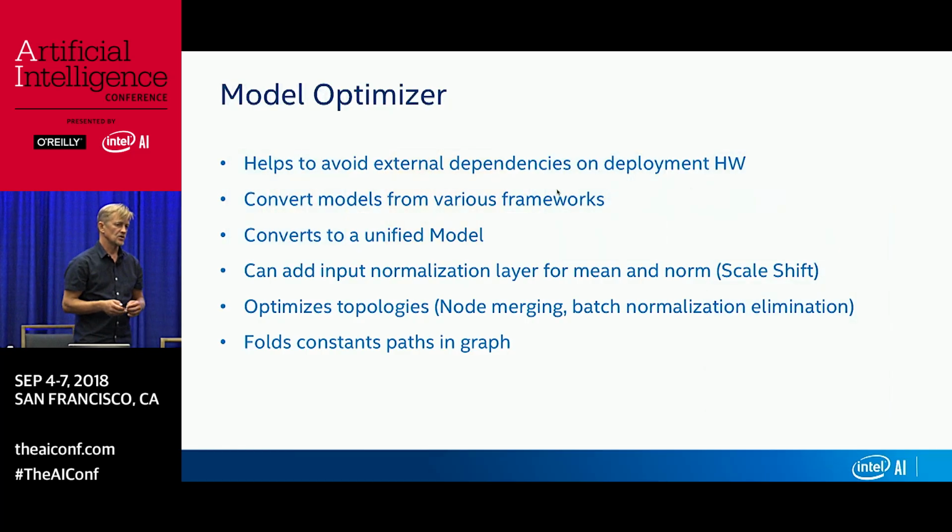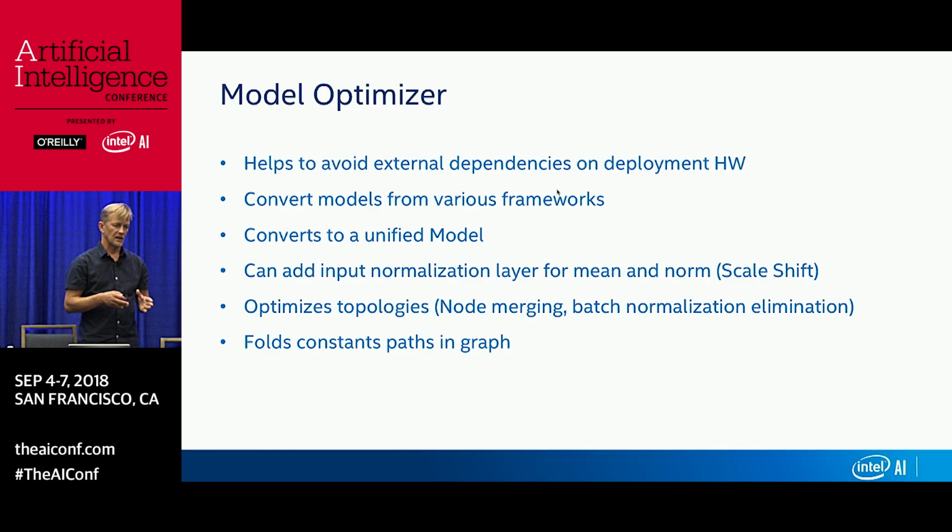The model optimizer is not just converting this model, it's also trying to optimize the topology, doing some hardware-agnostic optimizations that could be utilized by any type of hardware plugin. It converts a model from supported framework formats, taking a framework format and converting it to an intermediate representation.